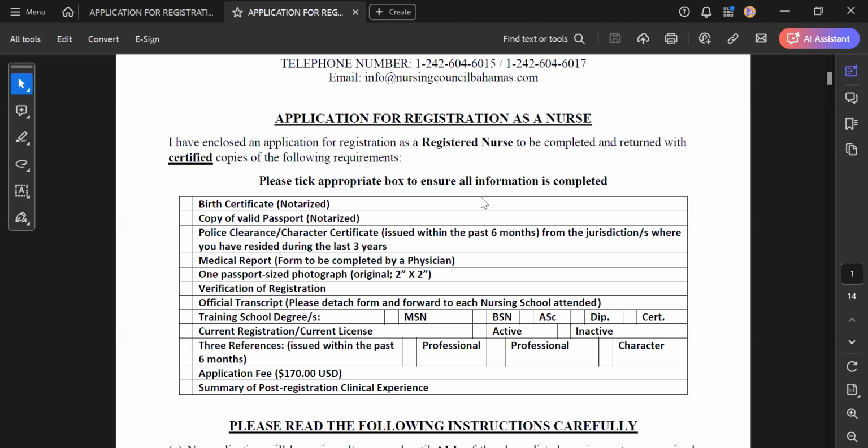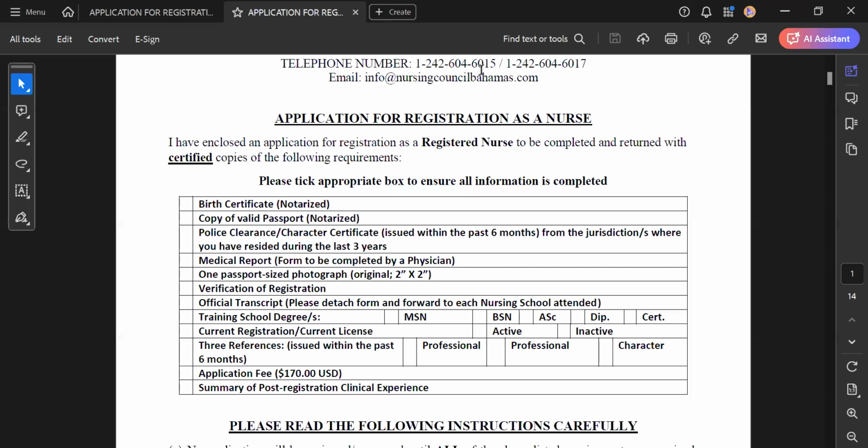And the next one is your training school degrees. In the degree section, you see they have MSN, masters, they have BSN, bachelors, they have associates, they have diploma, and they have certificates. Whichever certificates you are using to apply for the council, you tick the box there. If you have all of the things stated there, you take all of them.